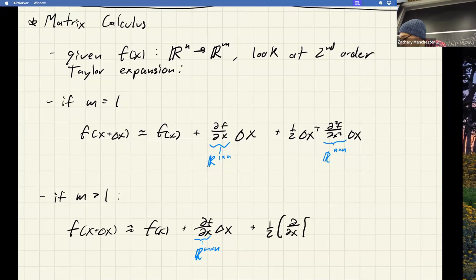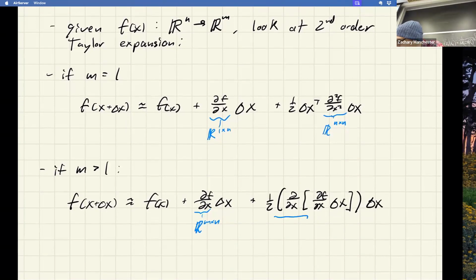It's like df dx times delta x, and then I took another derivative of that and multiplied by another delta x. This is legal, but if I wanted to pull this in here, I get this second derivative of f that is what we call a third rank tensor, because it has to eat 2 vectors in and spit out another vector. All right, so this is ugly and messy, and we don't want to do this.